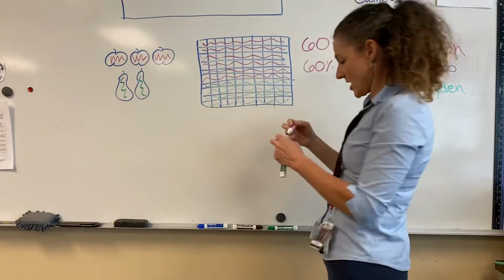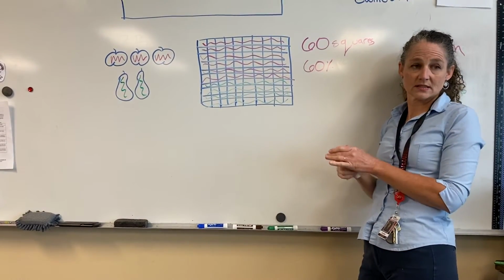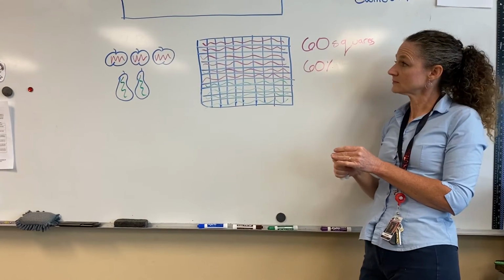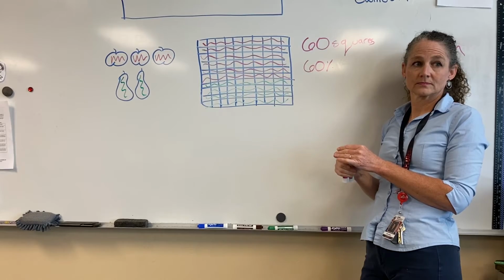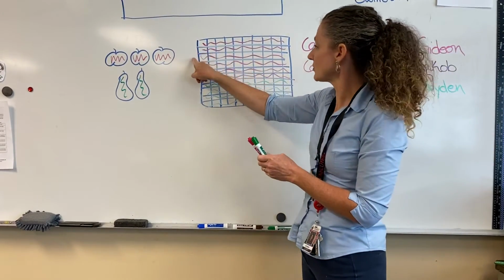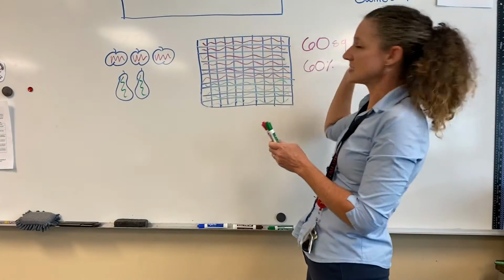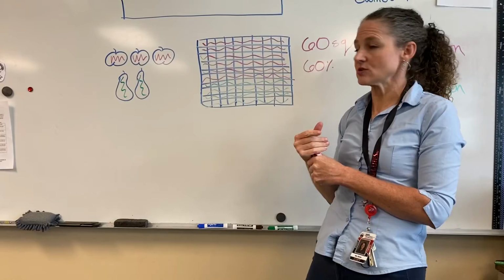How did you know it that fast? 5 times 20 equals 100, so I took 3 times 20 equals 60. You could also go 1, 2, 3, 4, 5, 6, and 6 times 10 is 60. There's lots of different ways to do this.